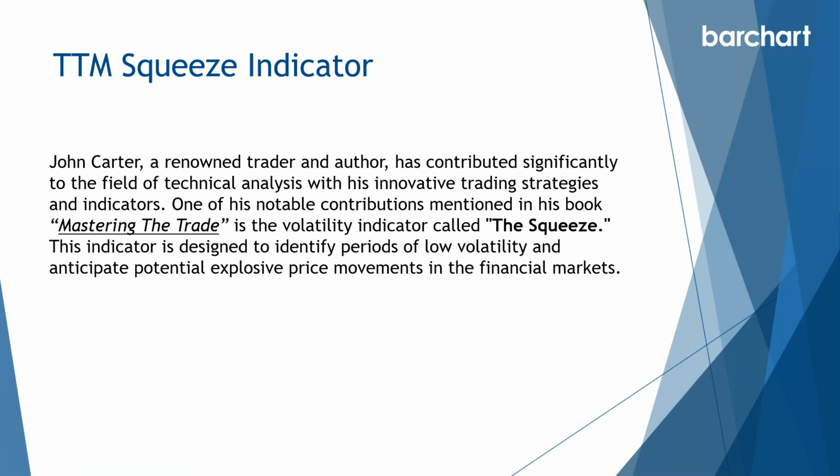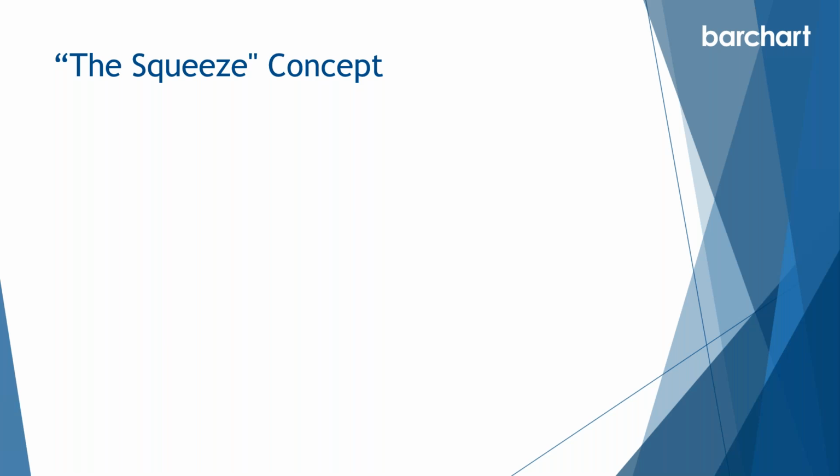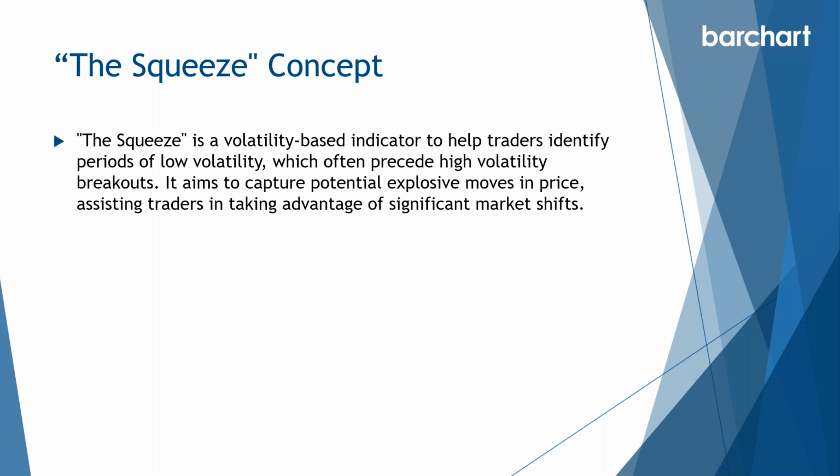So in his book, Mastering the Trade, he names this indicator the squeeze. Now, the squeeze identifies these periods of low volatility and aims to help traders position themselves before price explodes.